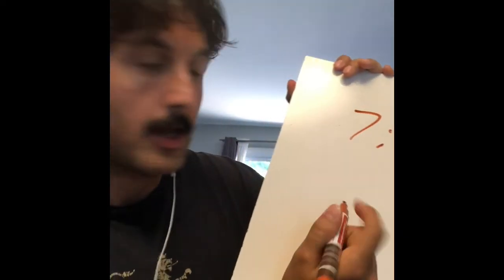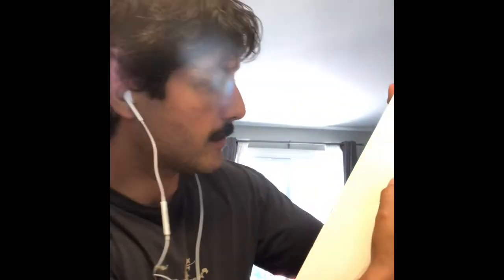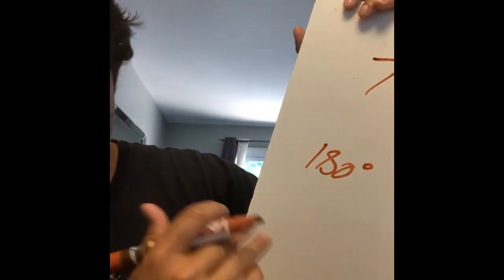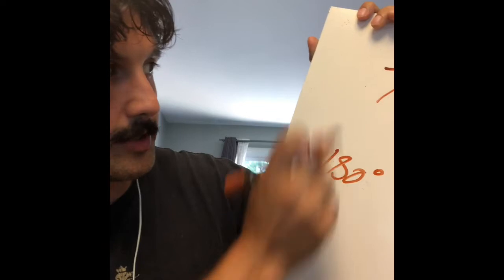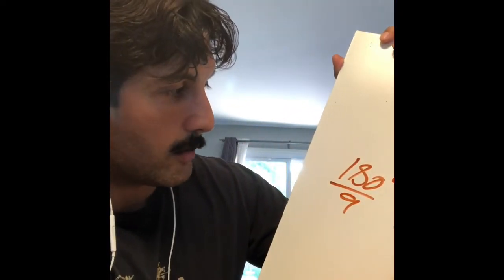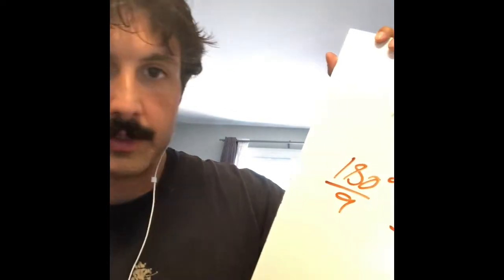Okay. So you got a 7:2 ratio. That adds up to a total of 9. I know there's 180 degrees. I know that in straight lines, every straight line is 180 degrees. 7:2 is 9. 180 divided by 9 equals 20 degrees.